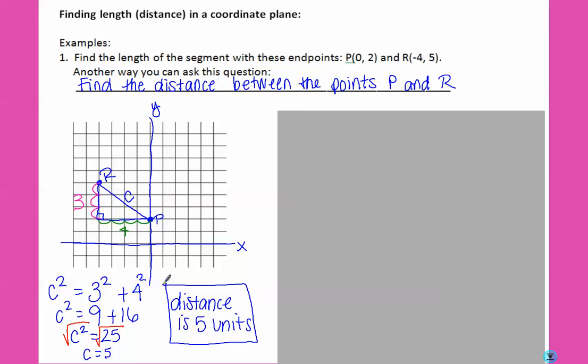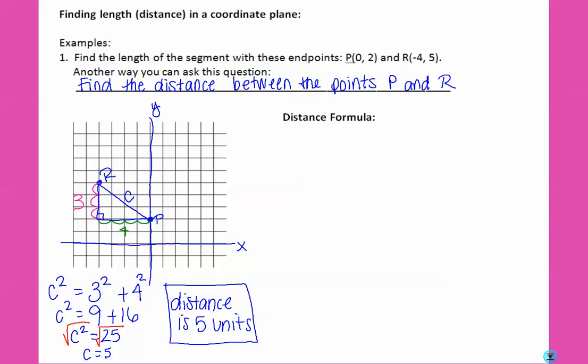Now sometimes our solving doesn't work out as nicely, or the numbers are just much bigger and we don't want to have to count all the spaces on our graph paper, so we have the distance formula. The distance formula is the distance equals the square root. So we have a square root in the formula, just like we had a square root when we were solving. x2 minus x1, that amount squared.